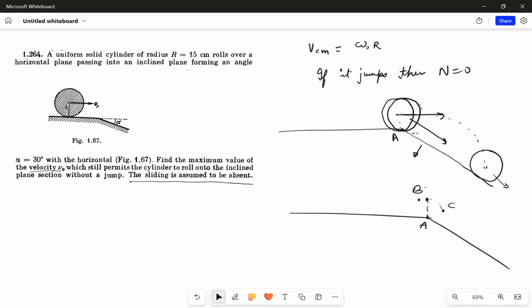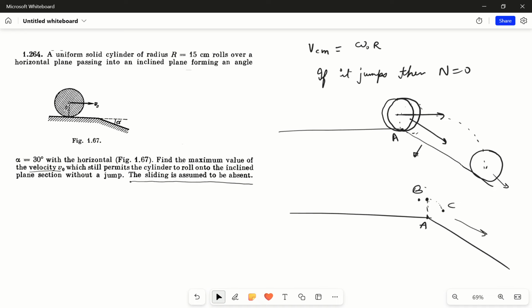Then you can easily see that its center will go from B to C while performing a circular motion about A, and the normal won't be zero at any point if it is a very slow speed. I am assuming that it is moving at an infinitesimal speed, right? So it will perform a pure circular motion about point A and continue its motion from point C onward on this inclined plane, right?